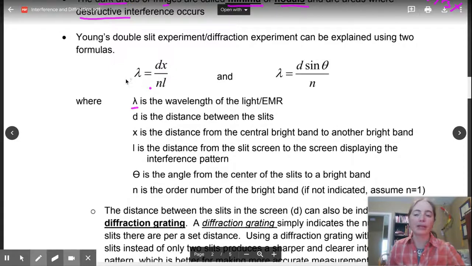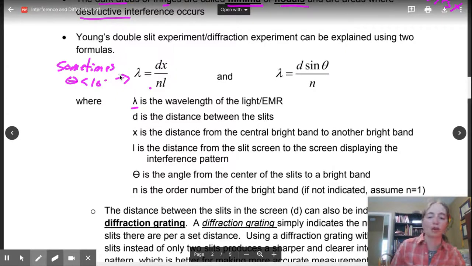Now this is the one you can only use sometimes, and we've got that later in the notes of when you can use it. But you can only use it when theta is less than 10 degrees. And this one you can use in any diffraction grating or double-slit experiment.